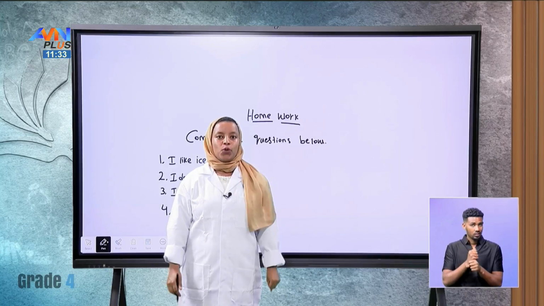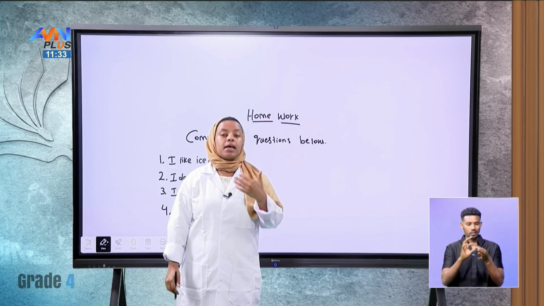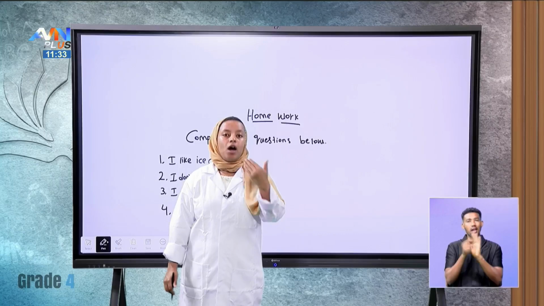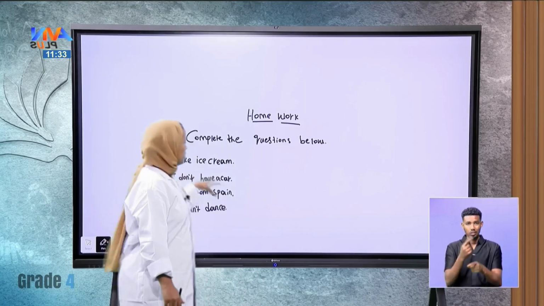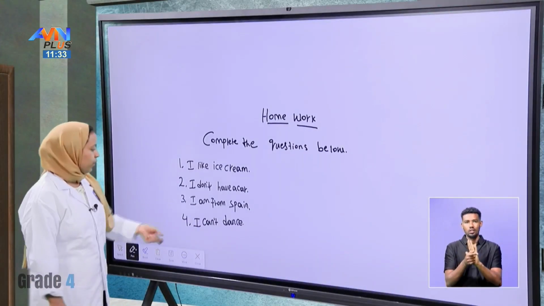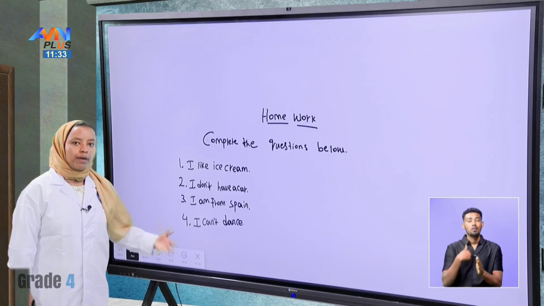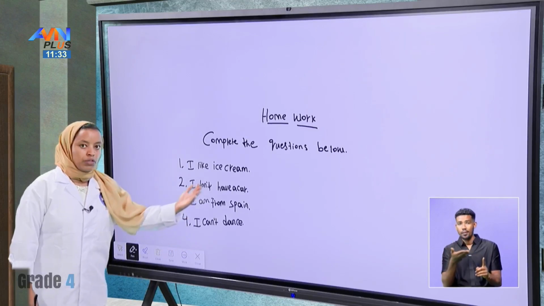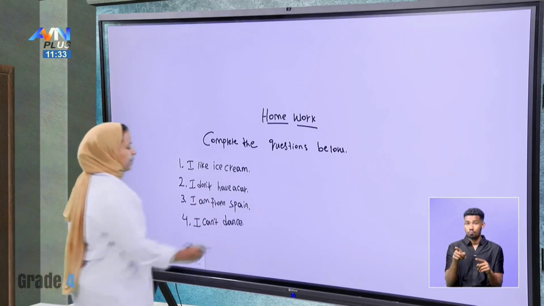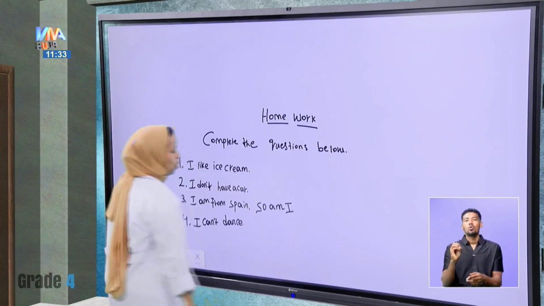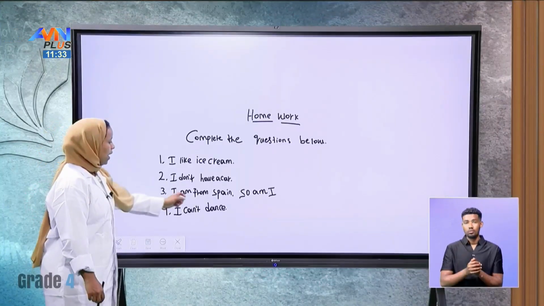Let me show you one sentence as an example, and let me give you one answer for one of these questions. Let me choose number 3. I'm from Spain. This is a positive form. So let us say, so am I. So I'm from Spain.